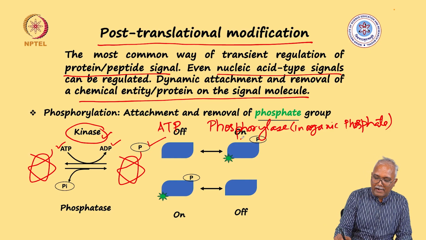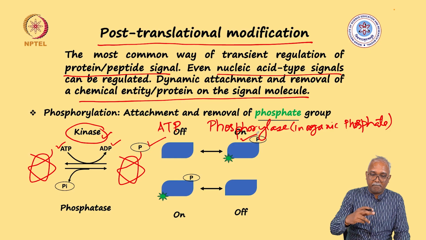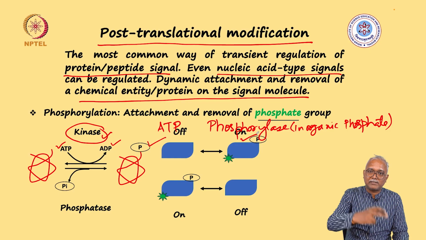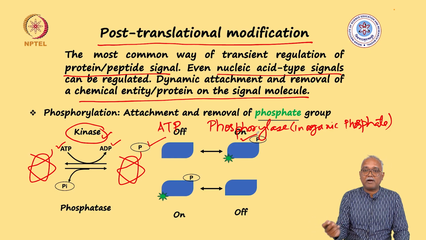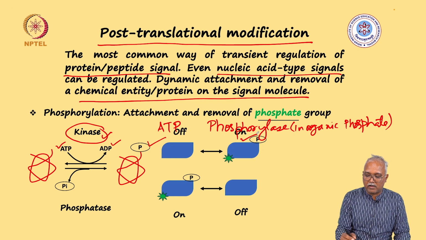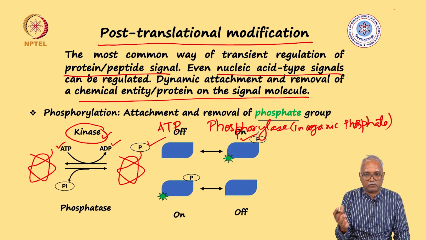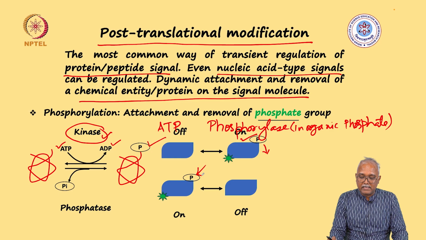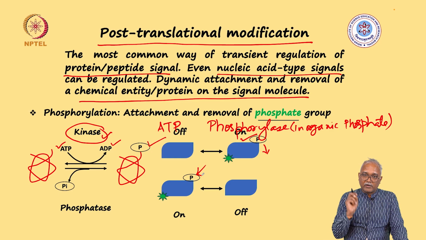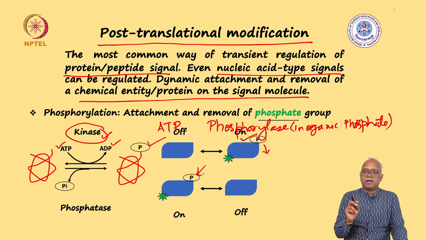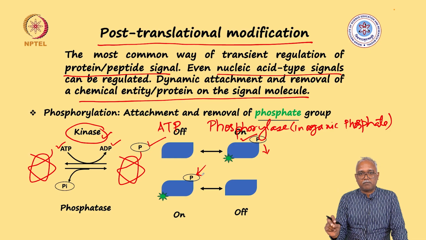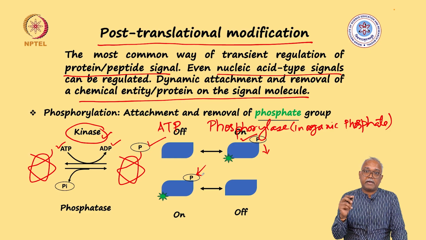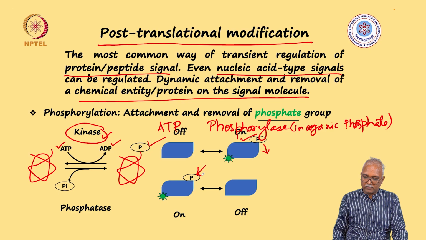The phosphate group added can make the protein move from one state to the other. To bring it back, from inactive to active or active to inactive, you will need removal of this phosphate group. Again, I am emphasizing that phosphorylation does not mean the target molecule will be activated. It is equally important in inactivating target molecules.